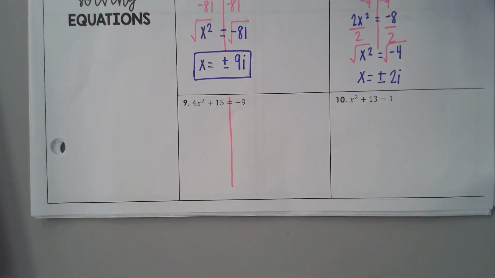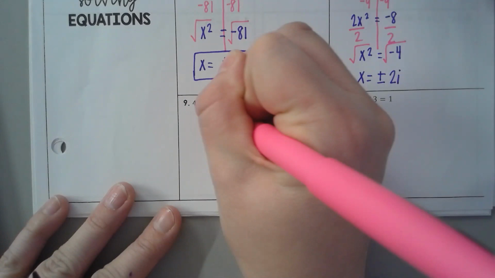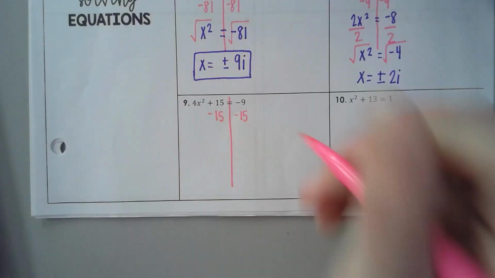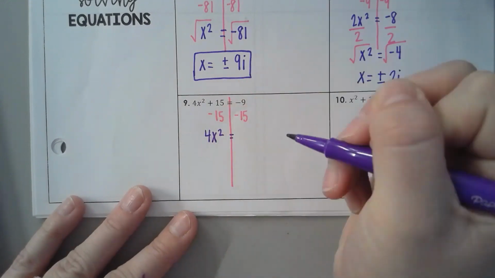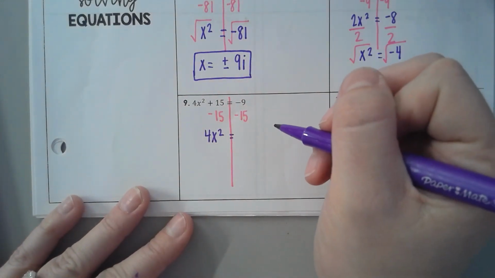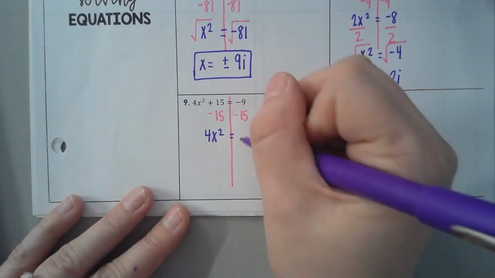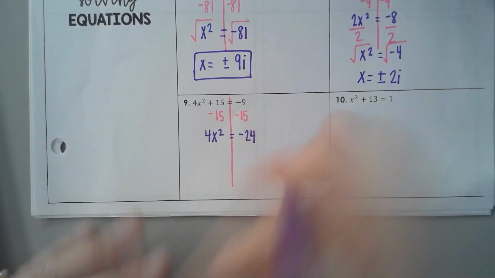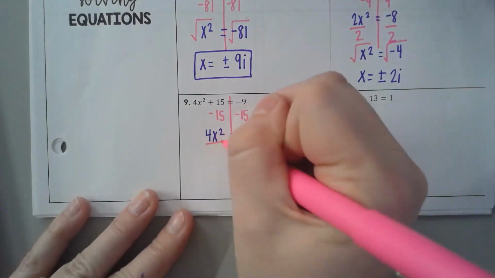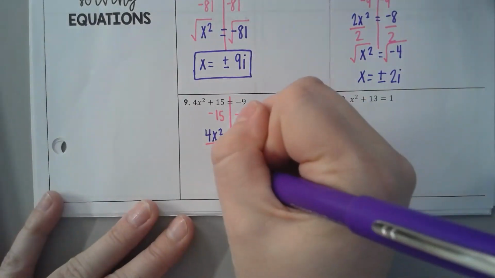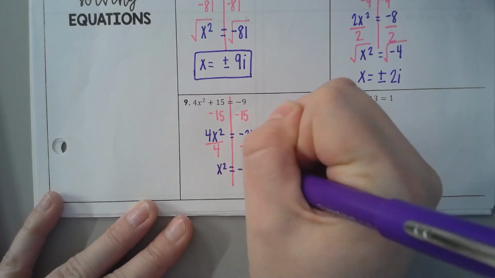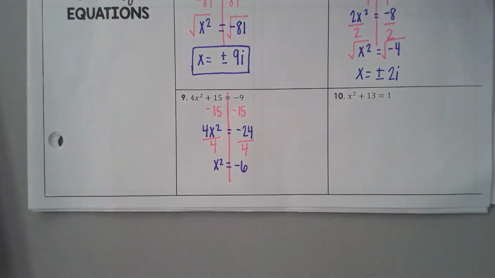Let's do number 9. I'm going to subtract 15 first. What does that give me? Negative 24. And then divide by 4. x squared equals negative 6.